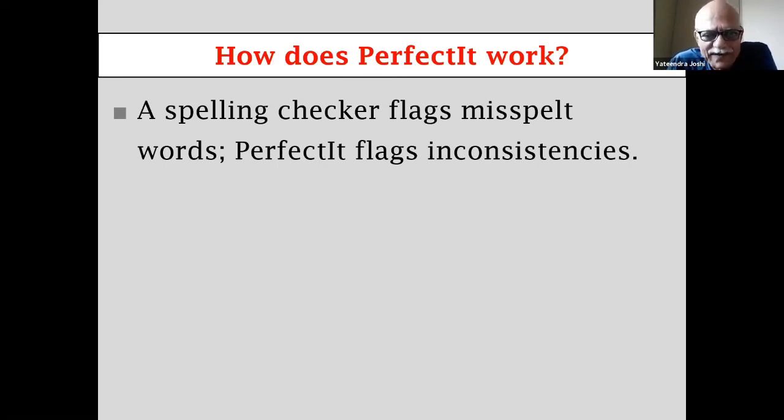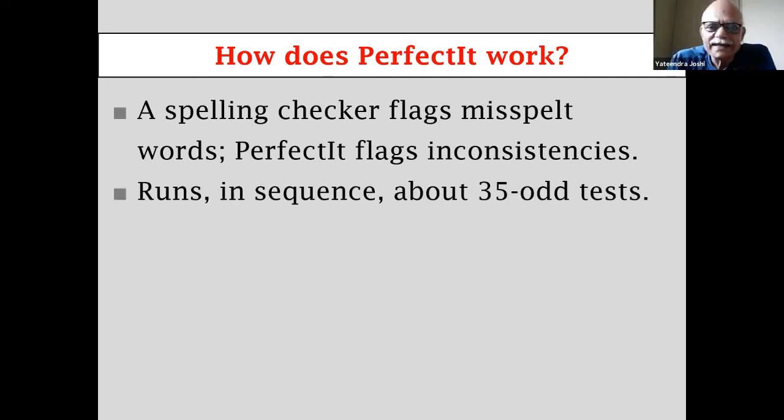So Perfectit also works in a similar way. Once you start Perfectit, it will keep running a series of tests. And each time it comes across what it considers an inconsistency, it will draw your attention to that. So we'll see how it works.